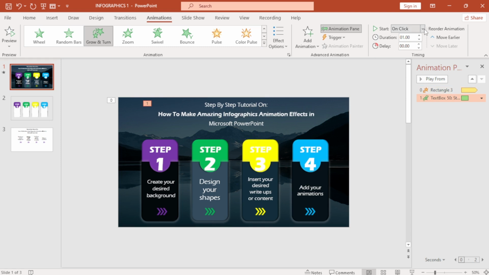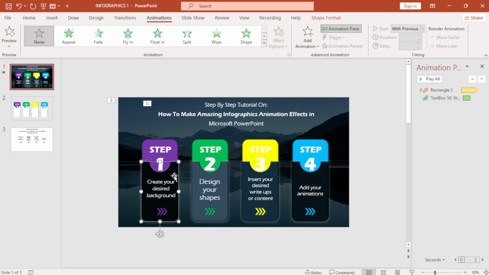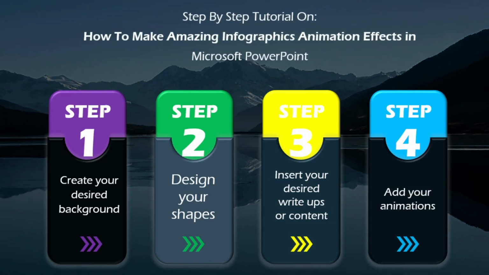Then we come to this, say start with previous, and then let a delay of 25 milliseconds, and that is that. After this, we go over to this. Once you have this, your stuff will be like this.